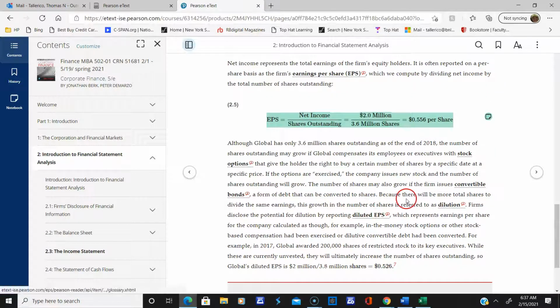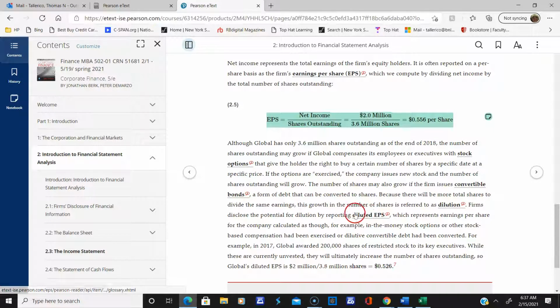Now there's a term here called diluted earnings per share. Sometimes there are stock options, and basically the holder of the options will have the right to buy more shares, and if those are exercised, the number of shares goes up, which is going to dilute the earnings per share.